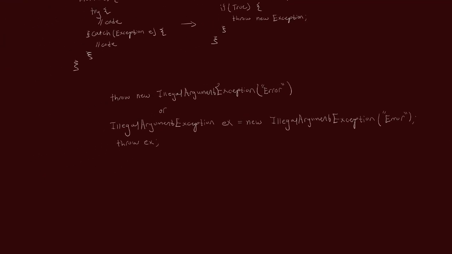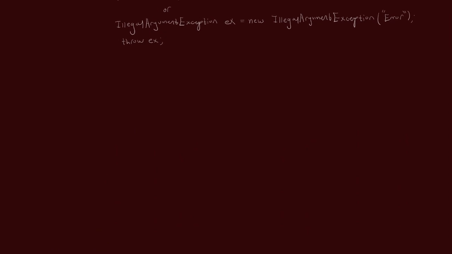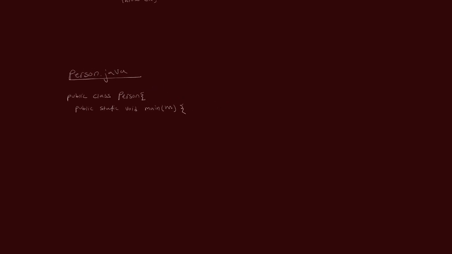So let's see it play out. Okay, so this is what we're gonna do. We'll have a person class, like that. So public class person, as well as an age class.